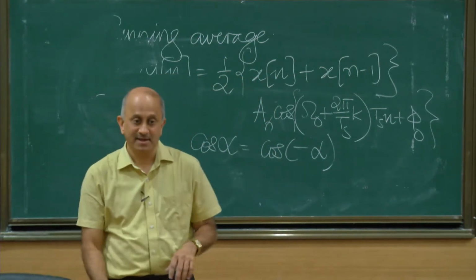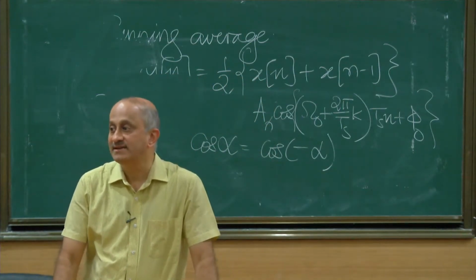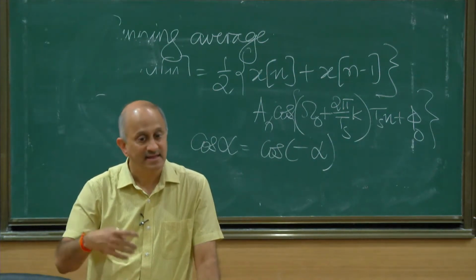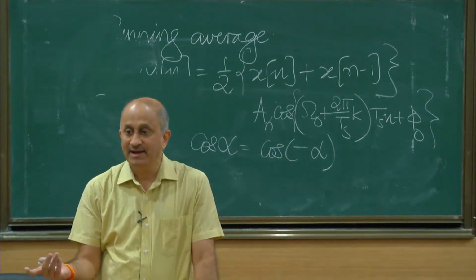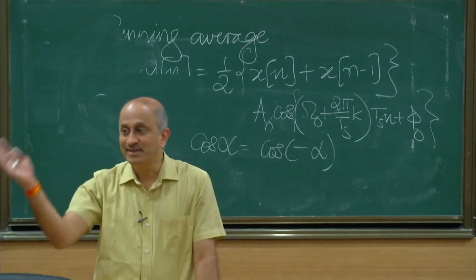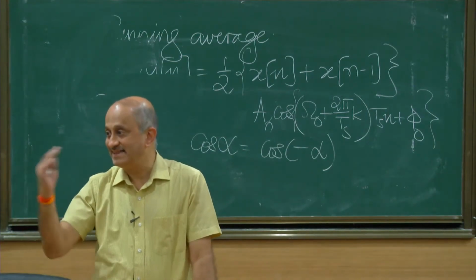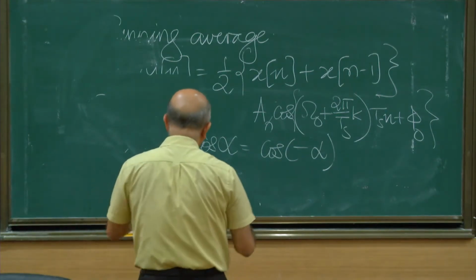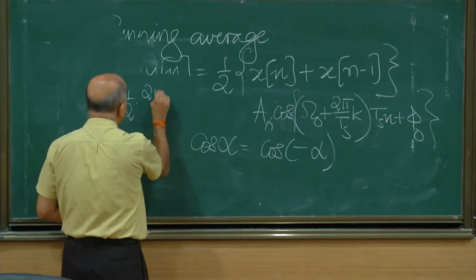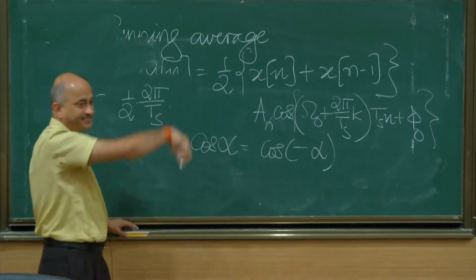That's another problem. The cosine is again ambiguous in terms of the sign of the argument. So cos of alpha is cos of minus alpha, and because of that you're going to have an ambiguity on both sides of 0 also. You can think of it like that. That means you actually have only a range of half of 2 pi by Ts to work with.